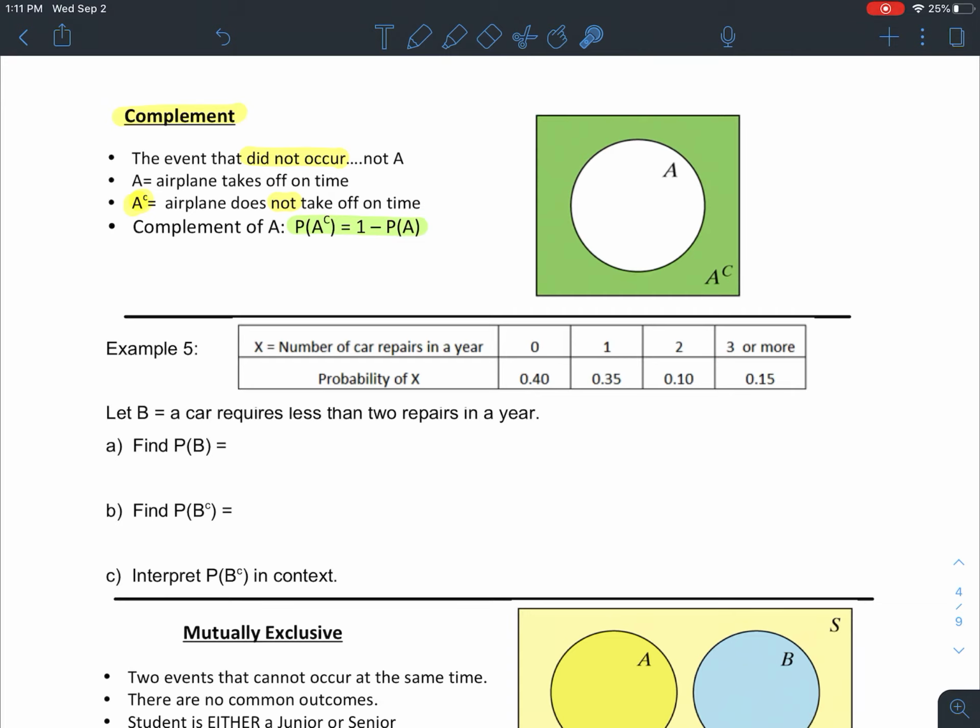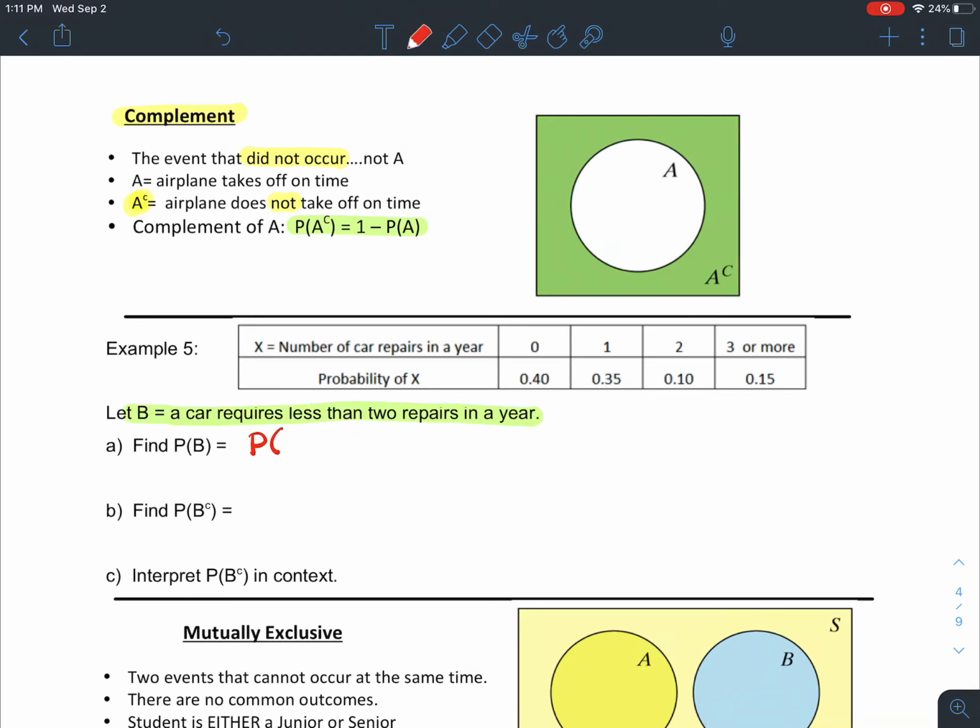We are going to let X be the number of car repairs in a given year, so either 0, 1, 2, or 3 or more car repairs in a given year. And then the bottom row represents the likelihood, or probability, of having that many car repairs. We're going to let event B be that a car requires less than 2 repairs in a year.